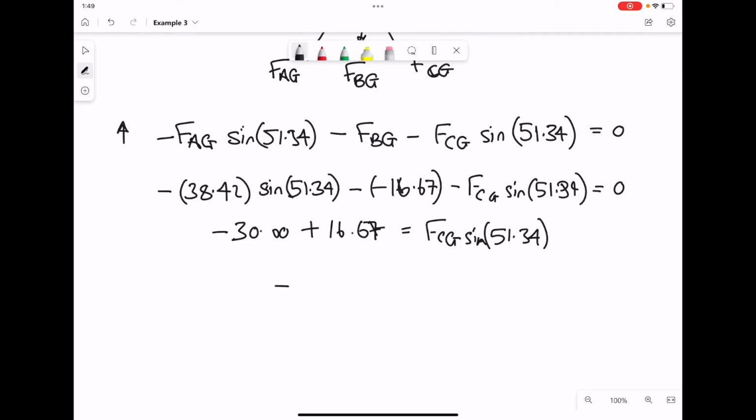Simplify down further, minus 14.17. Divide that by the sine of 51.34. That gives you force CG, which is a value of minus 17.07 kilonewtons.